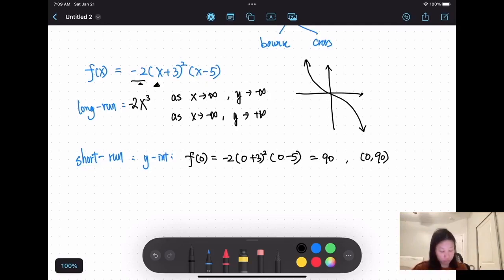Next is our x-intercept. To find the x-intercept, we want to set the whole function equal to 0.